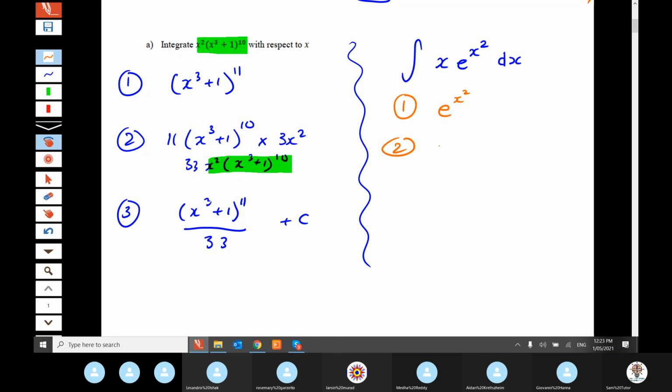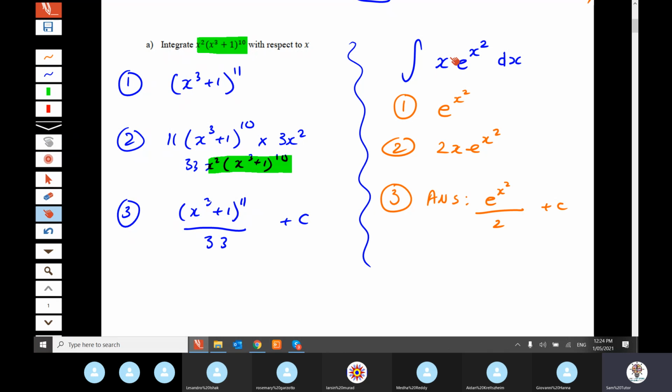3x squared. Yeah, and look, again, it's bloody close, so not a bad guess. The only thing is I've got an extra 3. So step 3, actual answer is e to the x cubed over 3 plus c. Good. That's a hard skill to master. But wait, let's get that clear.